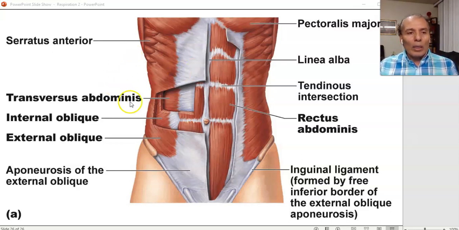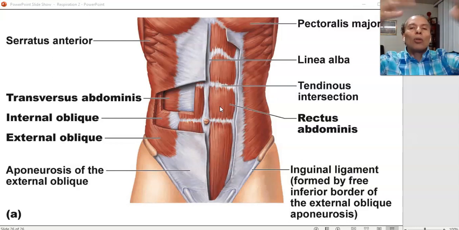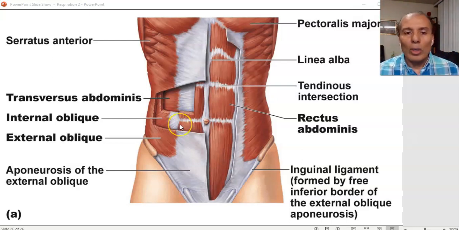And then the internal oblique, transversus abdominis, and external oblique, all of these together also compress the space in the abdominal viscera, and that will push on the diaphragm. It helps it go up. It's going to also contribute indirectly to the compression of the lung volume.